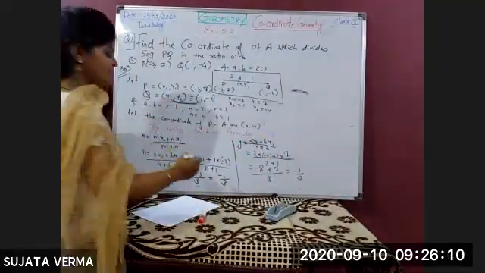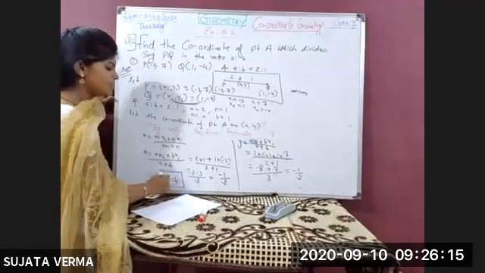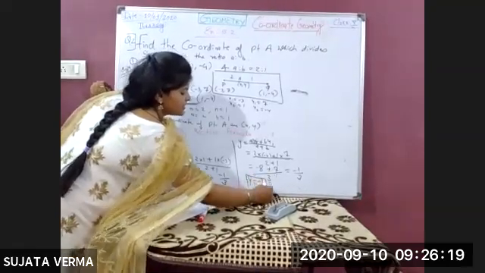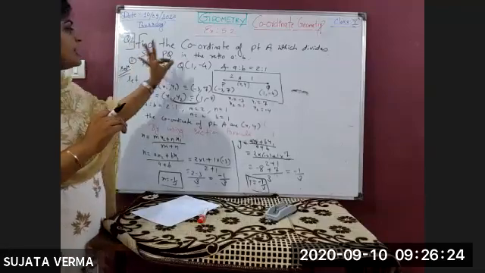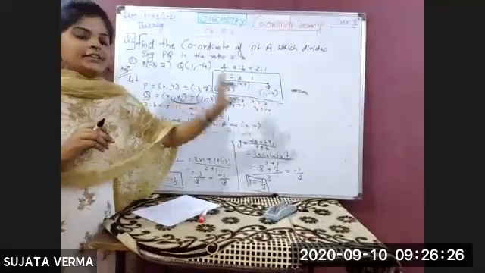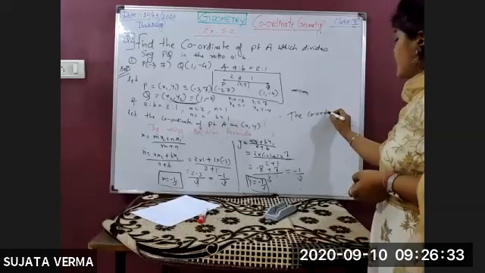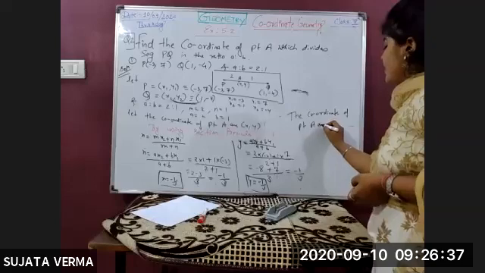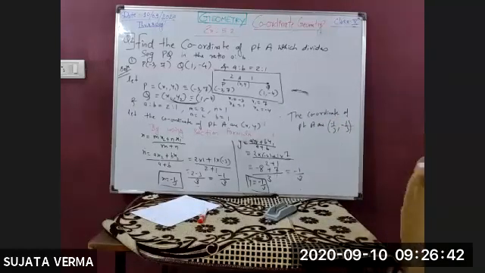So finally we get x is equal to minus 1 by 3 and y is equal to minus 1 by 3. Then write down the final step: therefore, the coordinates of point A are minus 1 by 3, comma, minus 1 by 3.